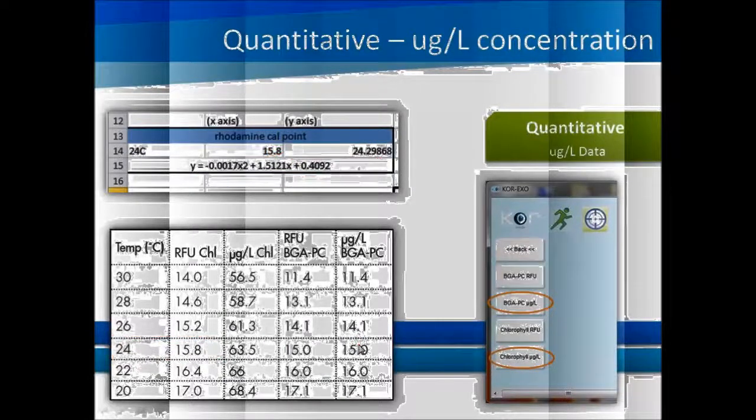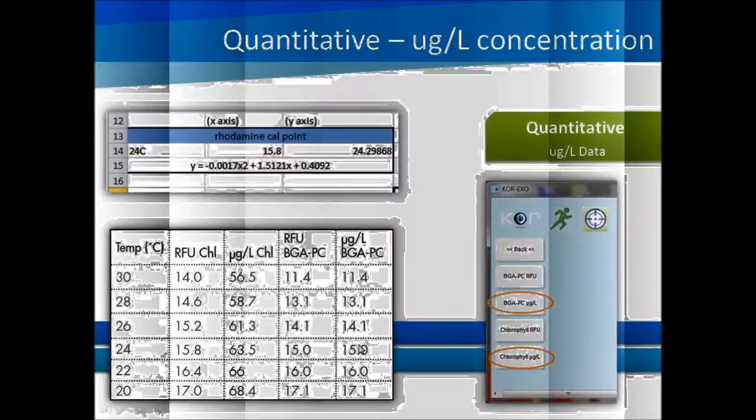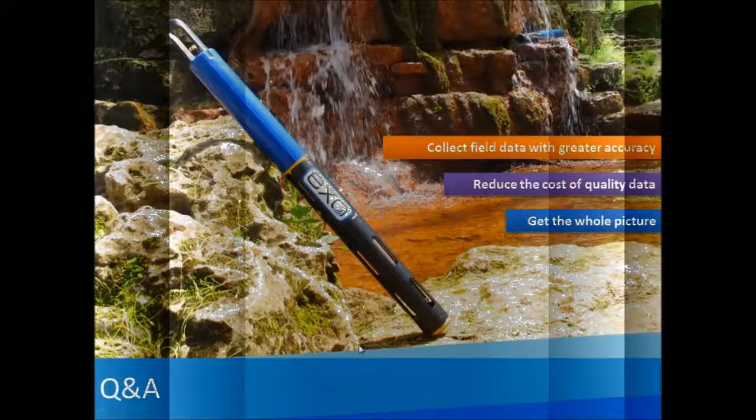I know that was difficult to describe through this webinar, but that does describe two different approaches to using the algae sensor to get qualitative versus quantitative data. Algae is extremely important, and it's becoming more important with increased algae events. And EXO makes monitoring algae really easy.